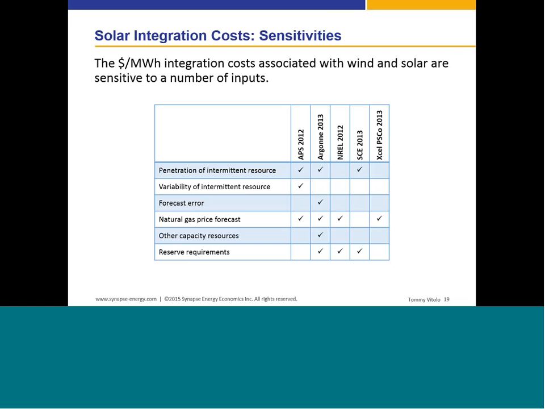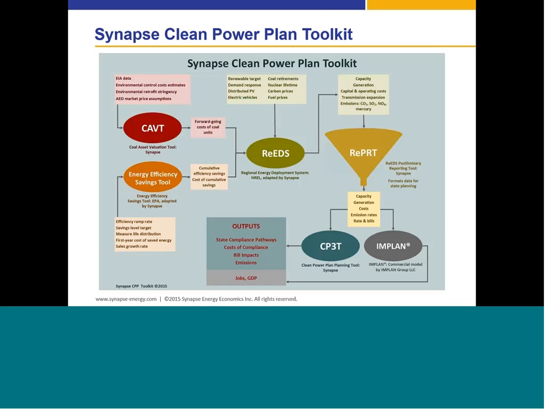Because, as Patrick mentioned, the better you work with your neighbors, the lower your integration costs and other costs are going to be. And so with that, I'm going to hand it back over to Needy, and she can tell us a little bit about the Synapse Clean Power Plan Toolkit.